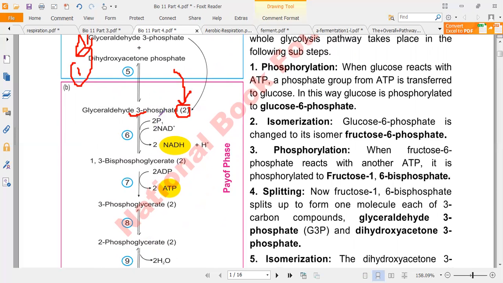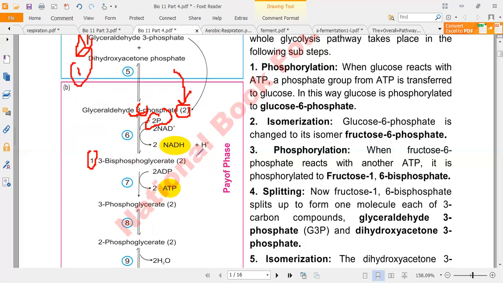So 2 phosphate groups are added. That's why it is 1,3-bisphosphoglycerate, because these are two molecules. So 2 phosphates are attached. One is at position number 3 on both of the molecules. When it is isomerized, now at position number 1, the phosphate group is added.